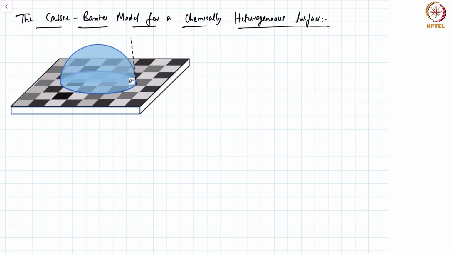To understand this, we have to understand that the surface has different roughness and different surface energies on this checkered board pattern. Each of these checkered board pattern areas that I'm showing here have different surface energies.